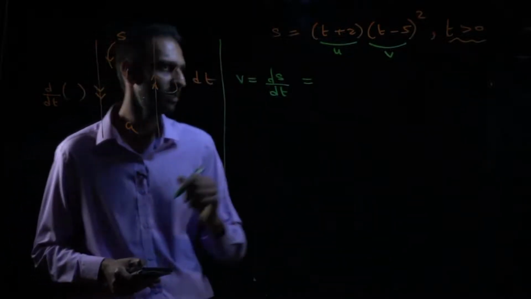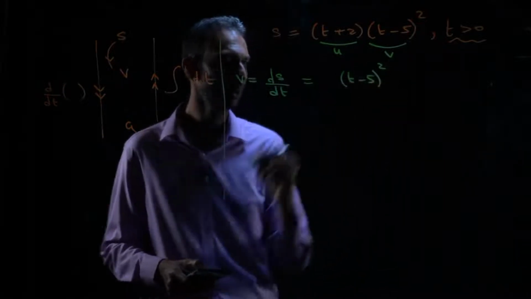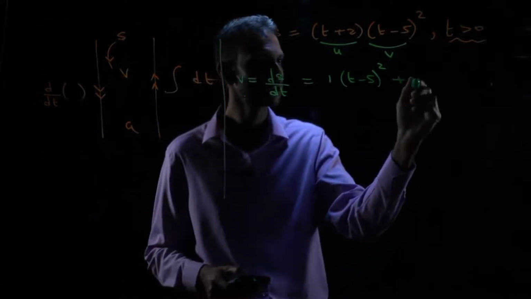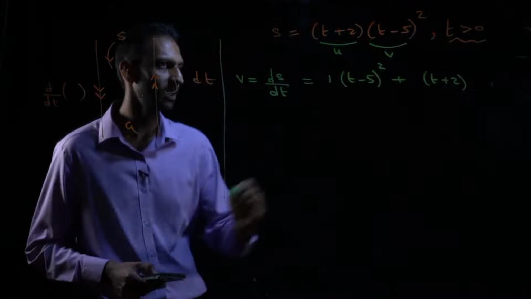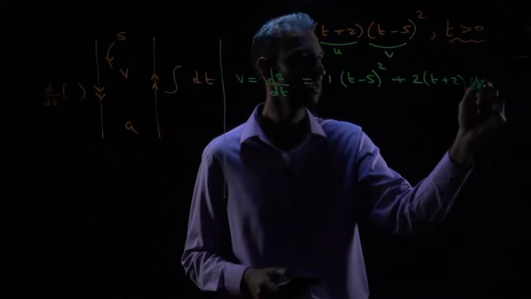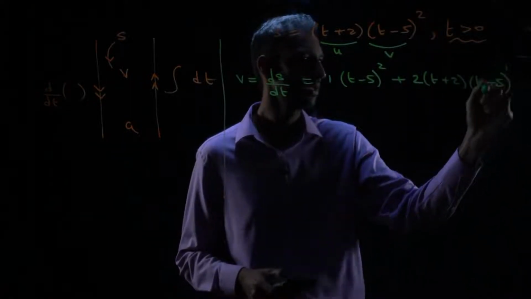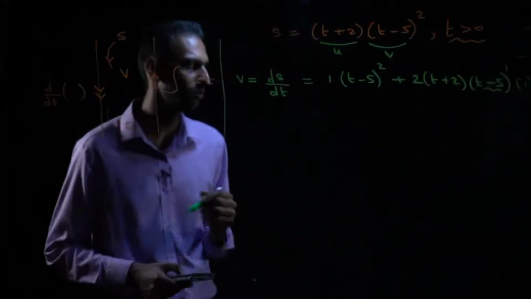So ds by dt, product rule means v, t minus 5 to the squared, du by dx, which is 1, plus t plus 2. I keep the t plus 2 and I differentiate the v, so that's chain rule. The 2 goes in front, t minus 5, the power decreases by 1, and when we differentiate the inside, we have 1. It's chain rule.